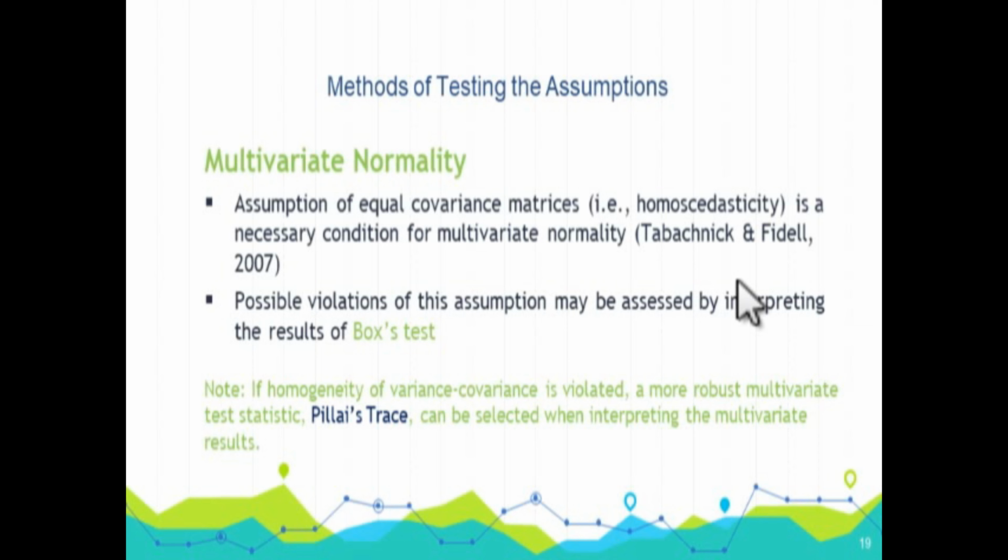Possible violation of this assumption may be assessed by interpreting the results of the Box's test, and that will be given to us by SPSS. And take note of this: if homogeneity of covariance is violated, a more robust multivariate test statistic, which is Pillai's trace, can be selected when interpreting the multivariate results.